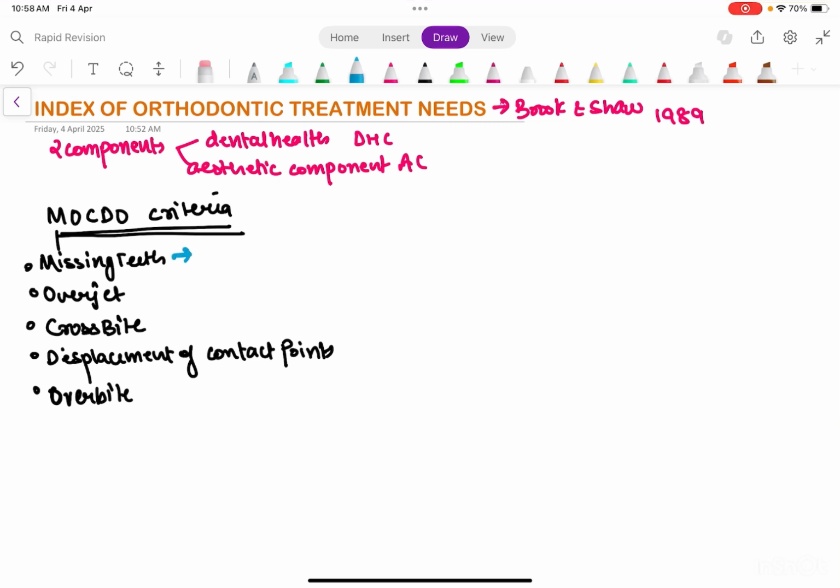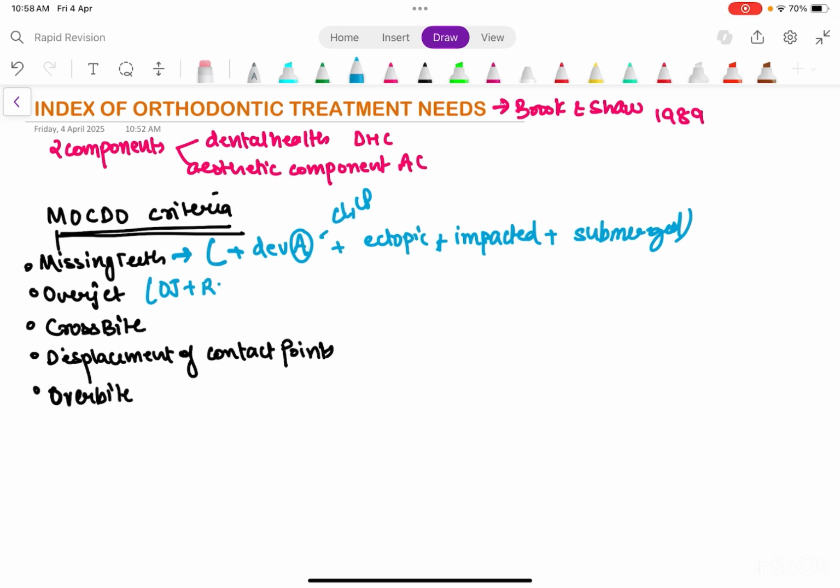Now here are a few things to know. Missing teeth will also include developmental abnormalities like cleft lip and cleft palate, plus ectopic teeth, plus impacted teeth, plus submerged teeth.